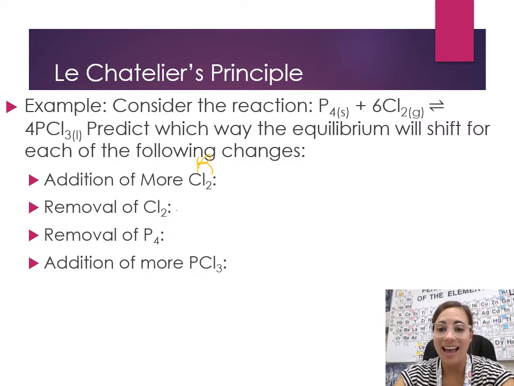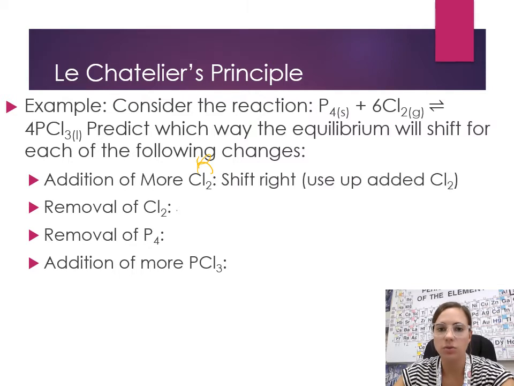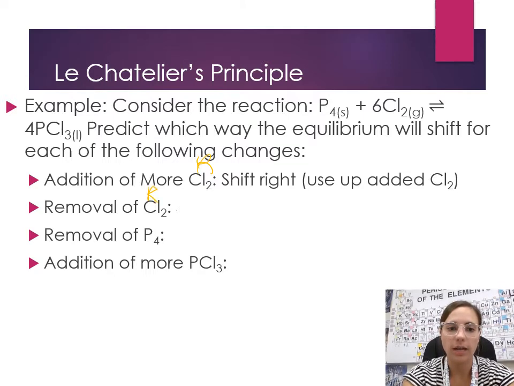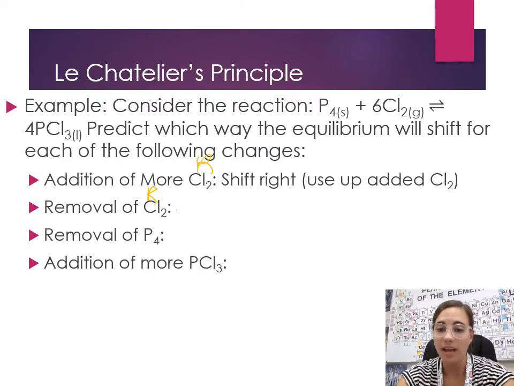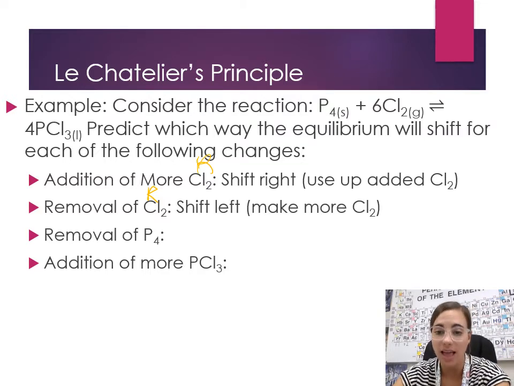If I add reactant, I need to use it up, so I'm going to shift to the right. That's going to use up the added chlorine. If I remove some of that chlorine, which again is a reactant, I need to replace it, so I have to shift left to make more of that chlorine.